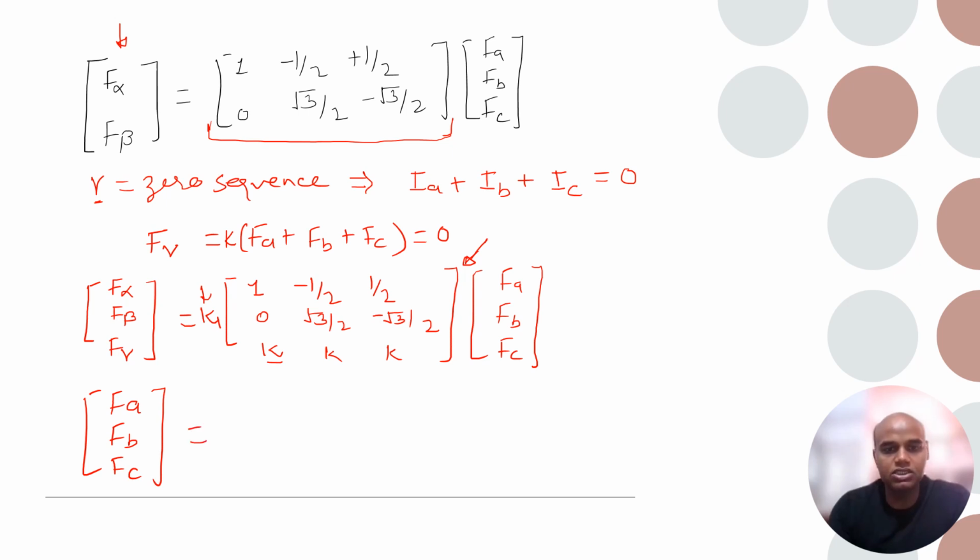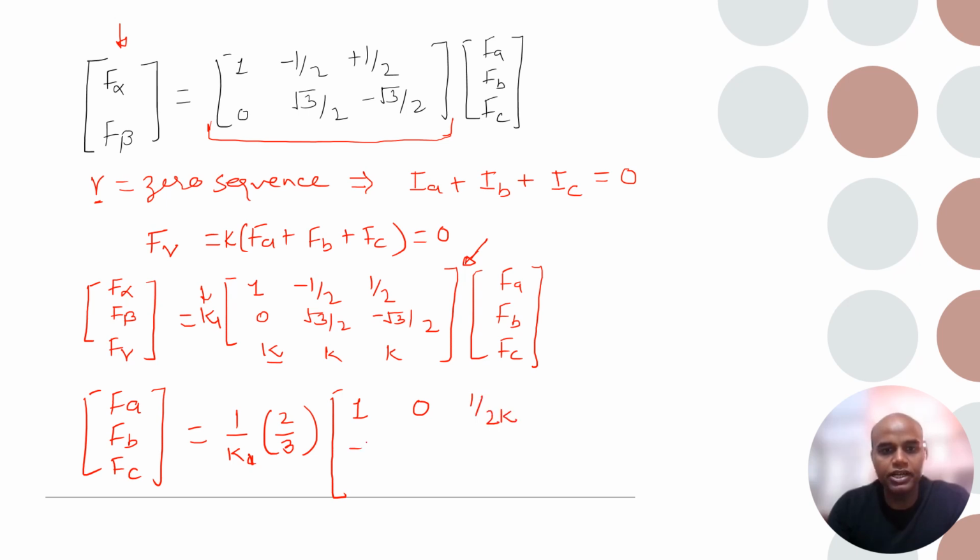The matrix comes out as 1 by K1 into 2 by 3, and the matrix is 1, 0, 1 by 2K.